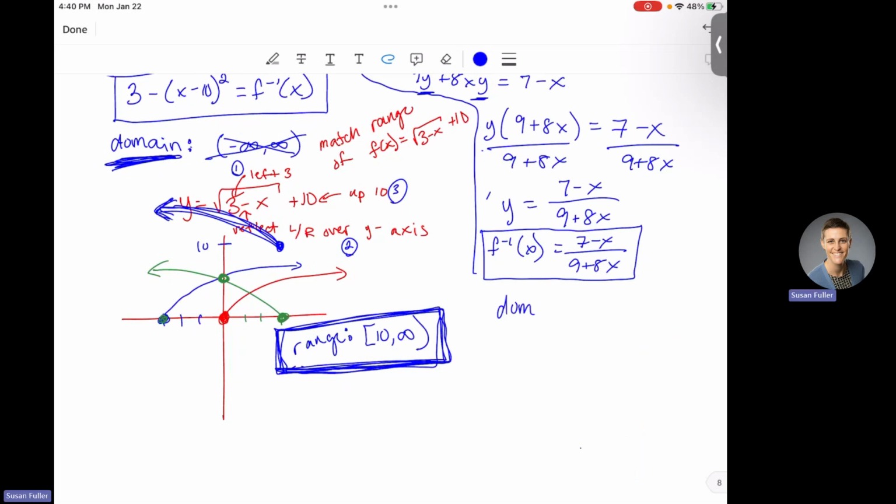And now I'm going to need to check the domain here. To apply my domain rules, I've got a fraction. Fraction rule says pay no attention to what's on the top, but you have to make sure that the stuff on your bottom, which is 9 plus 8x, does not equal 0. Well, that means that 8x cannot equal negative 9. Subtracted that 9 from both sides. And that means that x cannot equal negative 9/8.